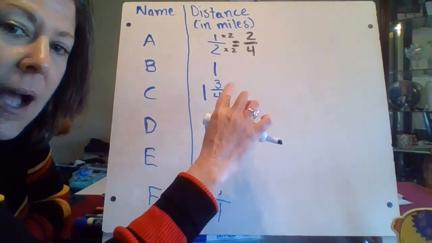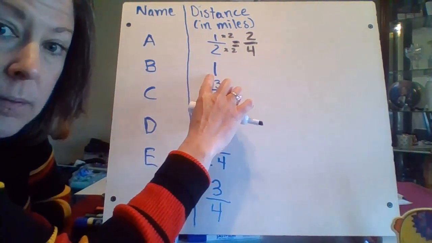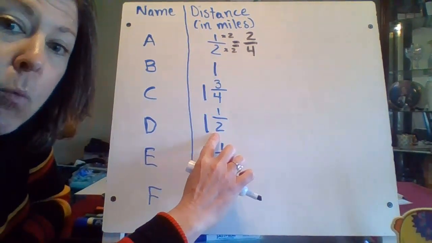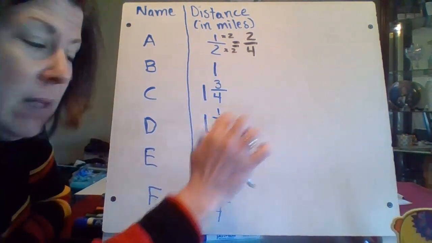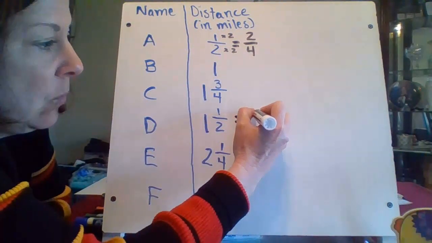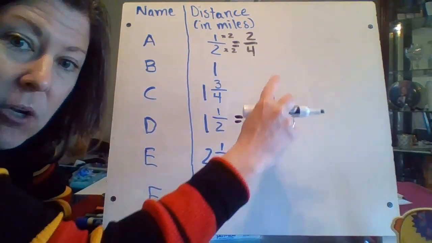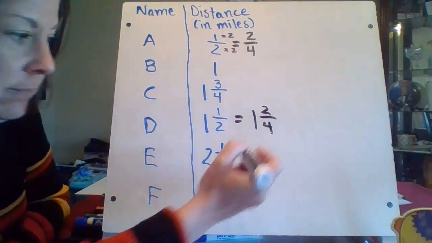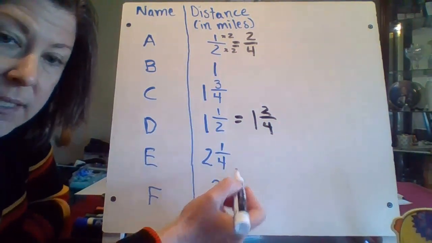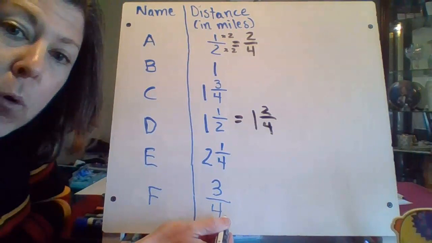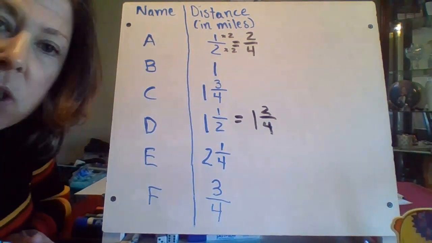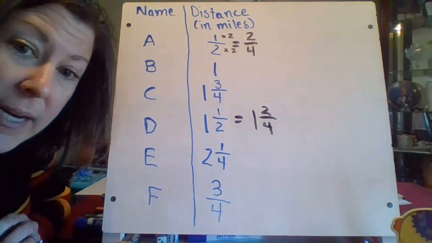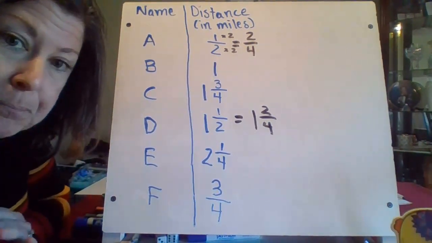I have my 1 whole. I have 1 3/4. I have 1.5. Well, I already know that a half is 2/4. I already have fourths here, and I already have fourths here. So I just had to decompose that 1/2 to 2/4 and that 1.5 to 1 2/4.